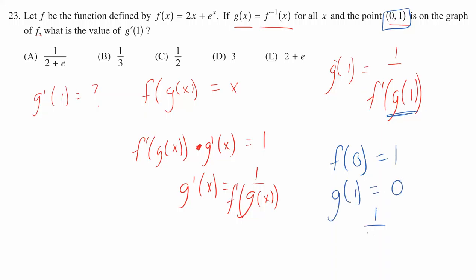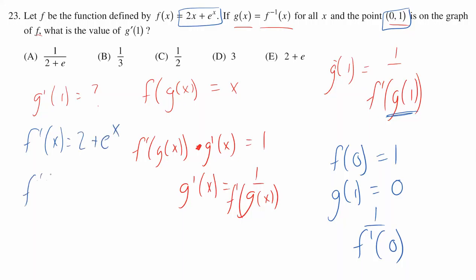So now I need 1 over f prime of 0, which means I need the derivative of this. f prime of x is 2 plus e to the x. f prime of 0 is 2 plus e to the 0, which would be 3. So my answer is 1/3.